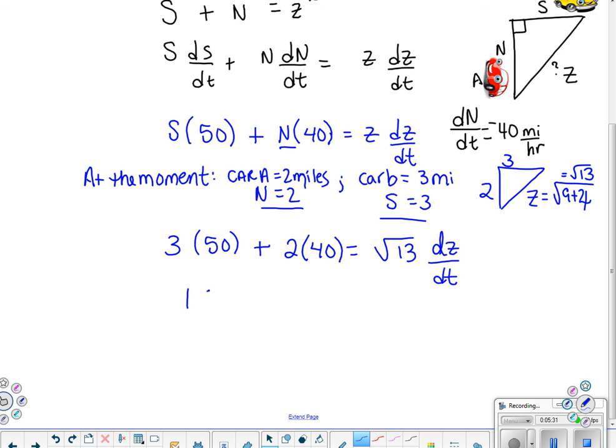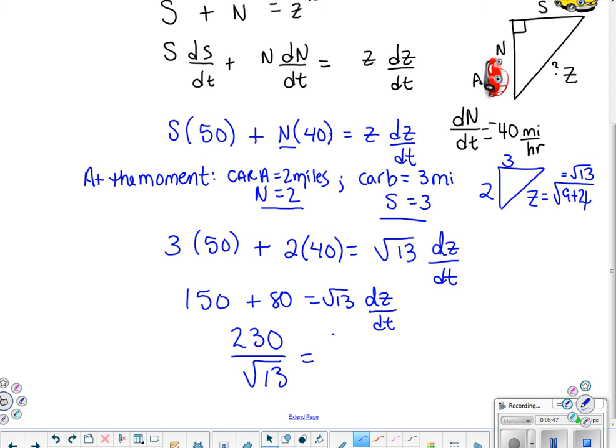So we'd have 150 plus 80 equals the square root of 13 dZ/dt. That makes 230 on the left side. We would divide by the square root of 13, and that would be our dZ/dt.